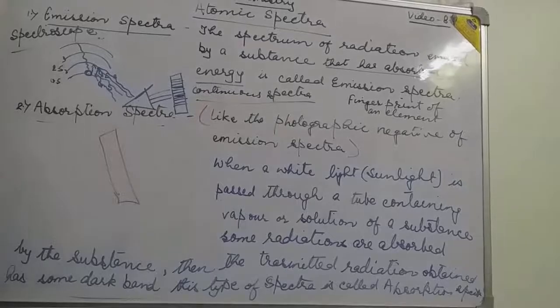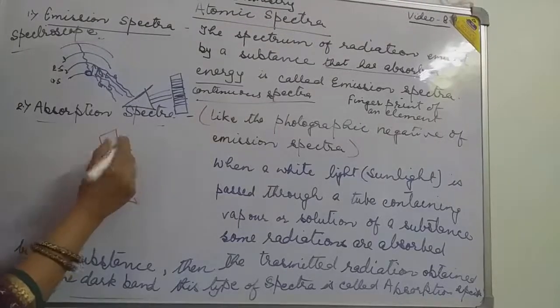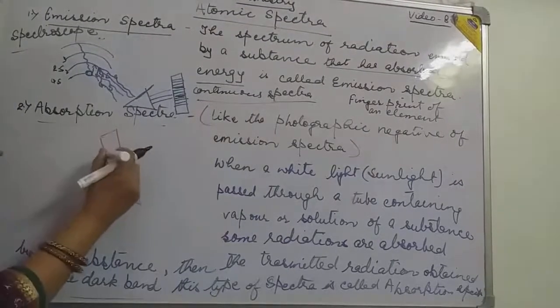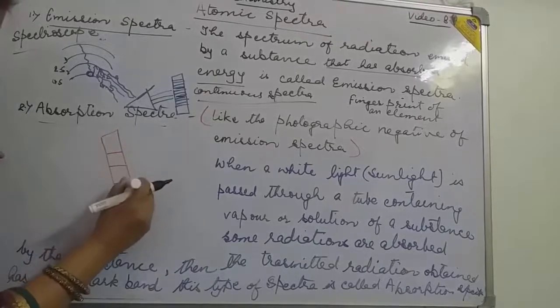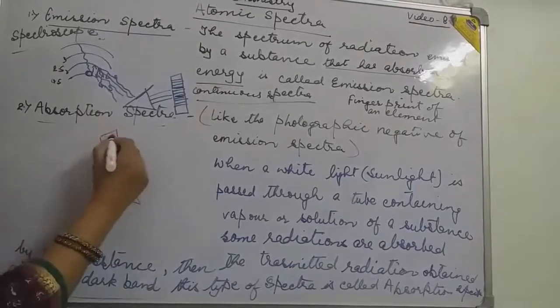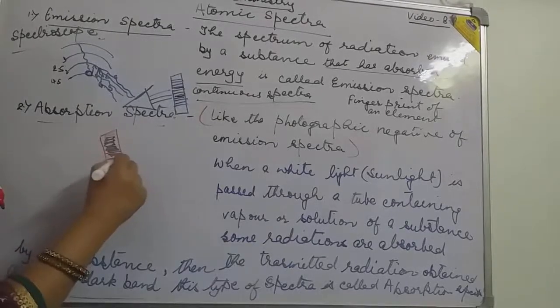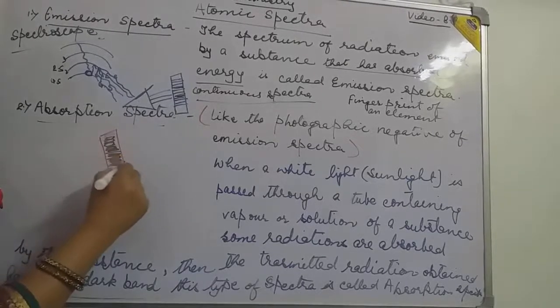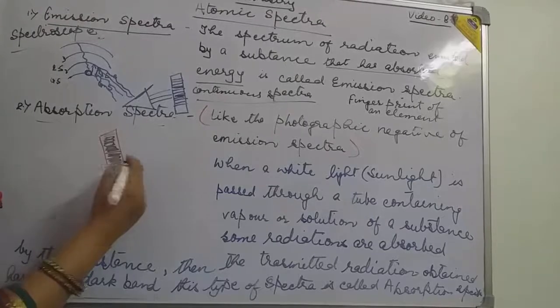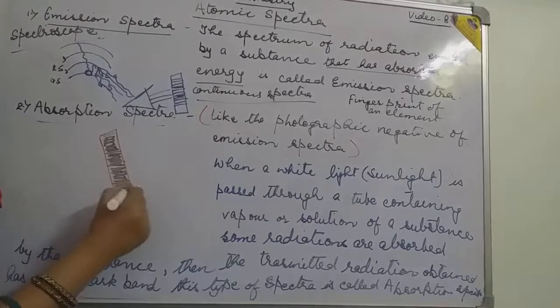In absorption spectra, only a few colorful bands are present and dark bands are much more numerous. In the dark bands only some spectral lines are present.